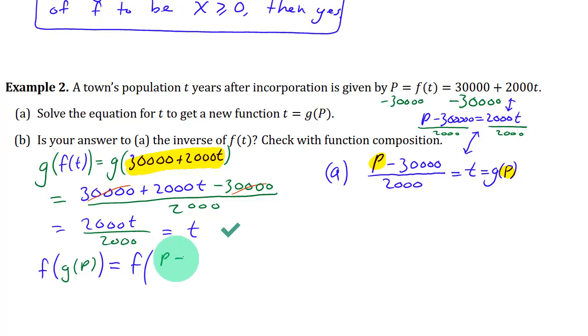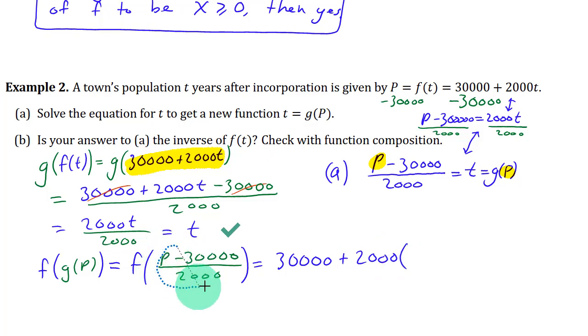The g of p is p minus 30,000. We're dividing that by 2,000. And f of all of this stuff, well, what does f say to do? It says to do 30,000 plus 2,000 times its input here, which is all of this now.